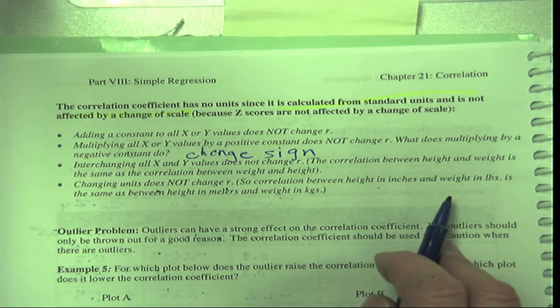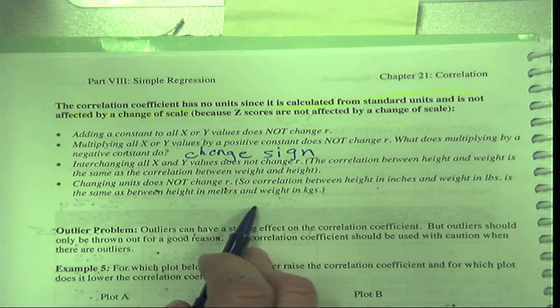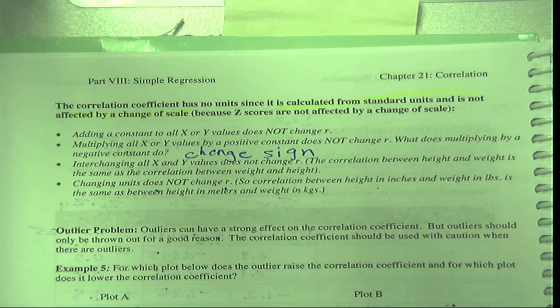It's going to be the same relationship, so you'll have the same r no matter what units you're using. That's because the whole point was we changed to standard units to get a standard measuring stick. So of course, if you change back to the particular units, you're going to keep that same r.